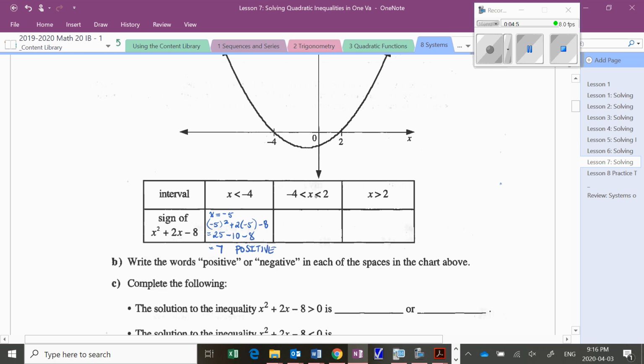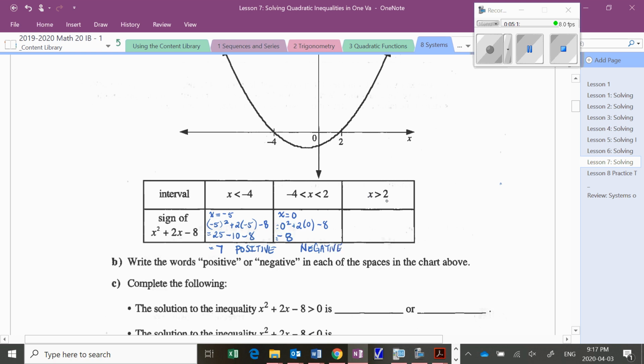If we then pick a value of x that is greater than -4 and less than 2, obviously the easiest value to pick is going to be x equals 0. So then we would have 0 squared plus 2 times 0 minus 8, and that is, of course, -8. And that is obviously then negative.